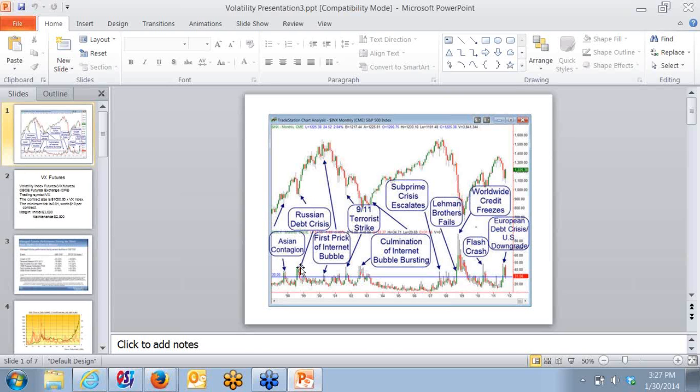As we discussed a couple of days ago, when a major market move occurs, or there's a panic, or there's some anticipation of a major move or a crisis, the market volatility goes up.